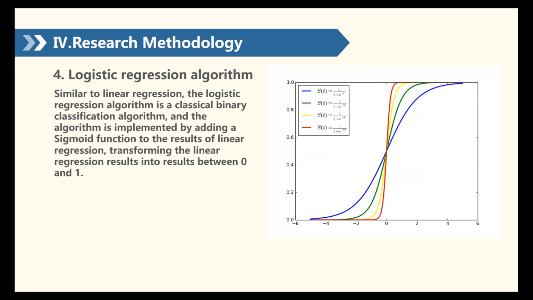For the logistic regression algorithm, similar to linear regression, the logistic regression algorithm is a classical binary classification algorithm, and it is implemented by adding a sigmoid function to the results of linear regression, transforming the linear regression results into results between 0 and 1.